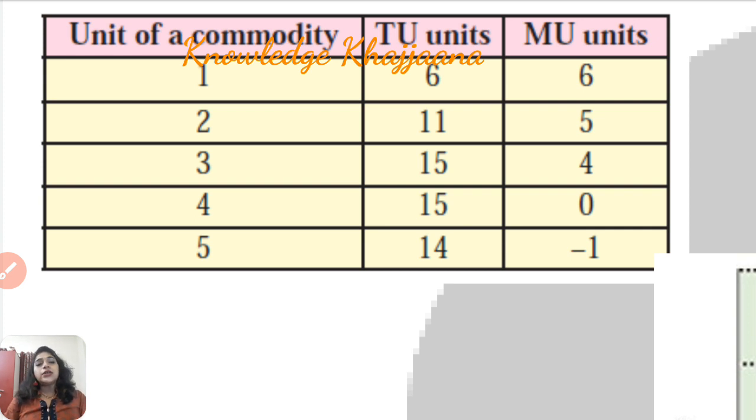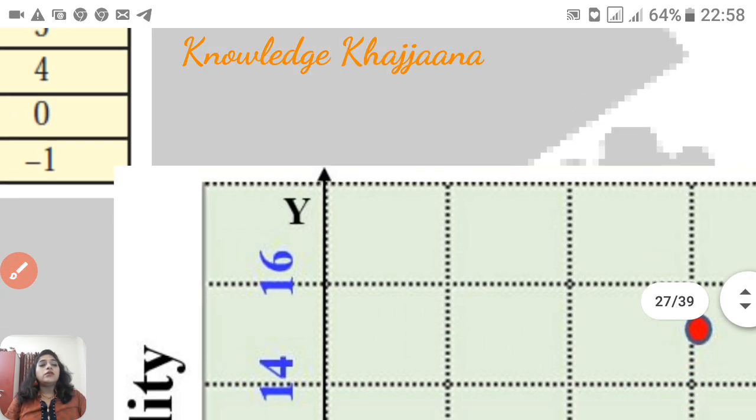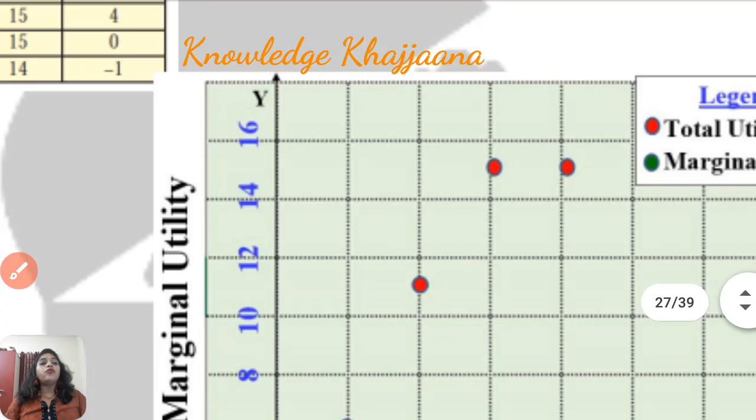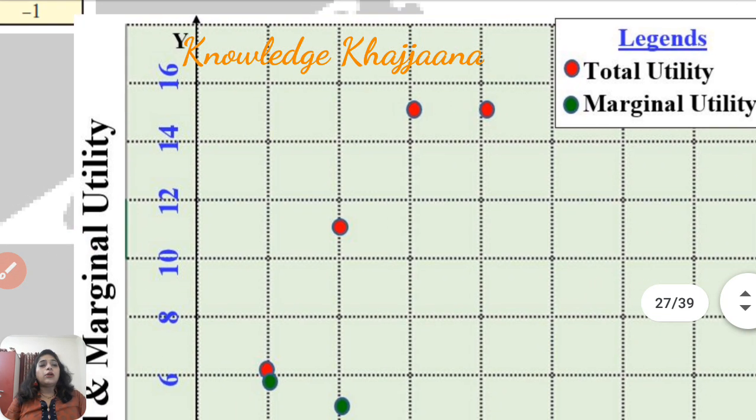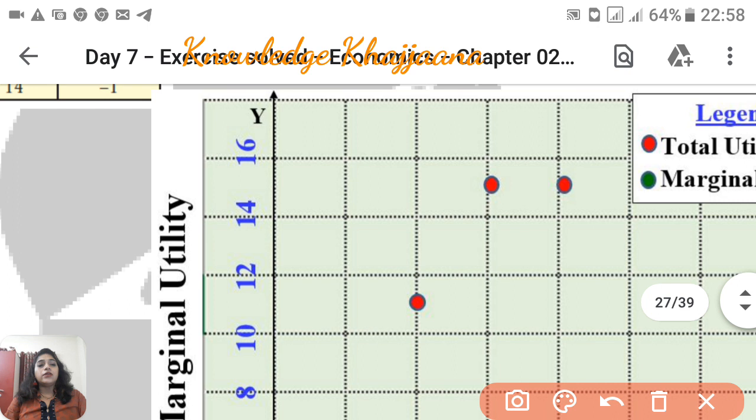No additional utility is achieved by consuming this fourth additional unit. So how can we show it on the curve? After having the fourth commodity, the total utility remained the same, that is, it is remaining constant.